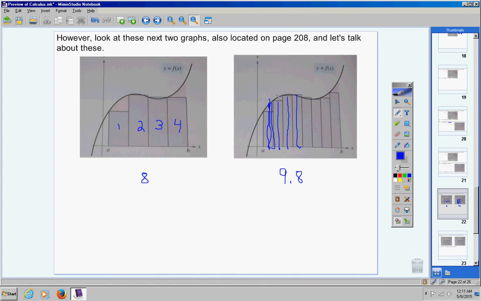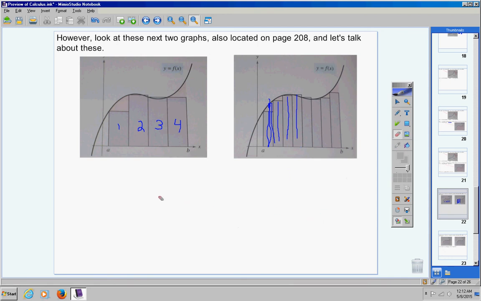Okay, so the more we do this, the closer we get to the real area. And let's say if we did that again, we got 10.3. Okay, then we split it again and found the area of all those rectangles. Might be like 10.4, and then 10.42, 10.45. So we would assume that the area, by using limits, is approximately 10.4, 10.5.